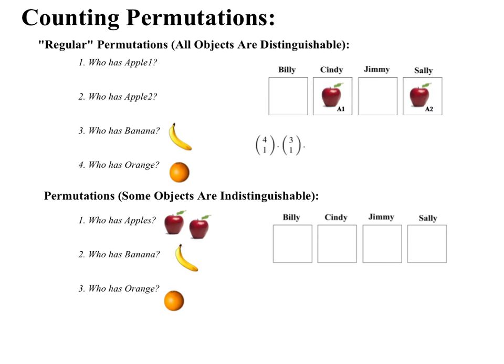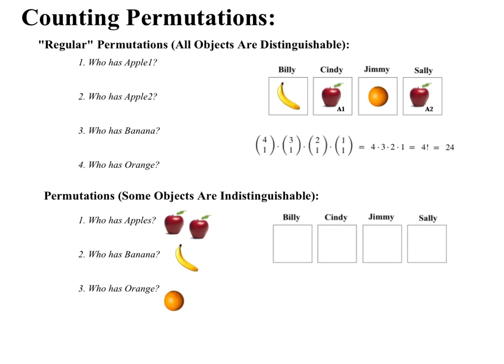Similarly, we continue with who has the banana. Let's say we give it to Billy, and say we give Jimmy the orange. There were 2 choose 1 ways to place the banana, and 1 choose 1, or just 1 remaining way to place the orange, which gives rise to the formula that we already know, that the permutations of 4 objects in 4 spaces is just 4 factorial.